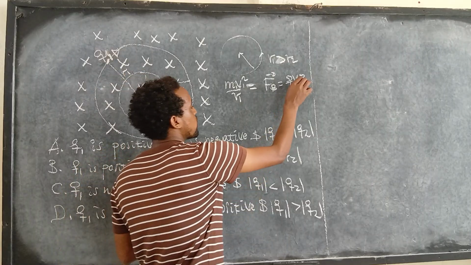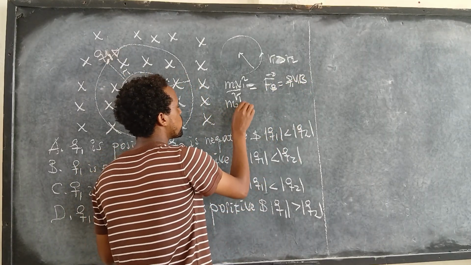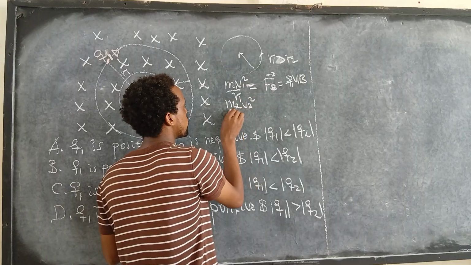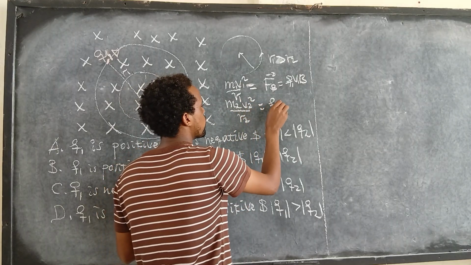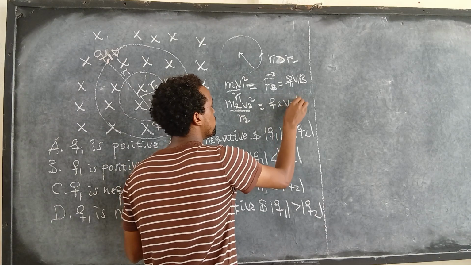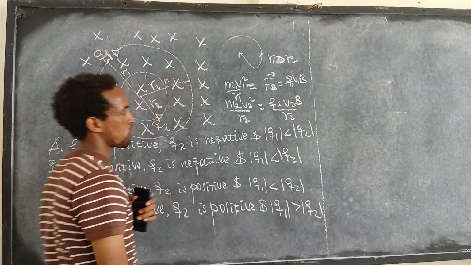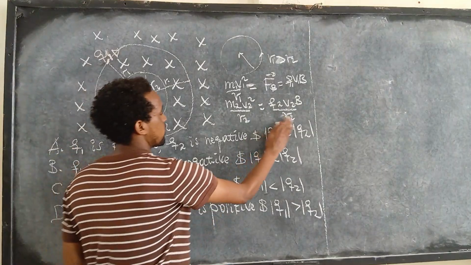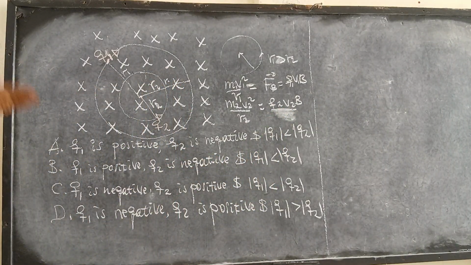So this is Q1, and M2 V2 squared divided by R2 is equal to Q2 V2 B. It will be like this.